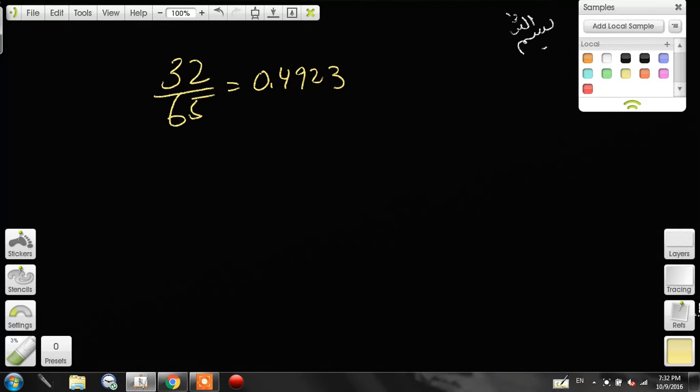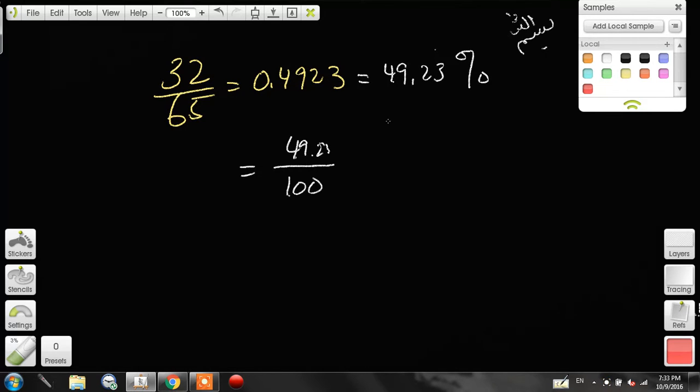As a percentage, this is the same thing as 49.23 percent, rounded off. In other words, if the test had 100 questions instead of 65, and their performance was the same, they would get about 49 questions correct, right? So that's the concept of percentages. How much per 100?